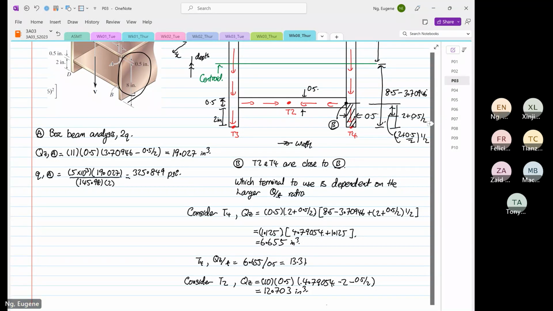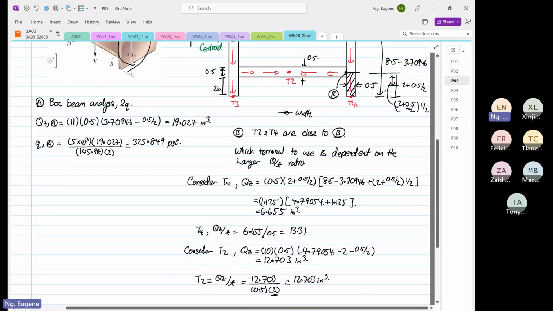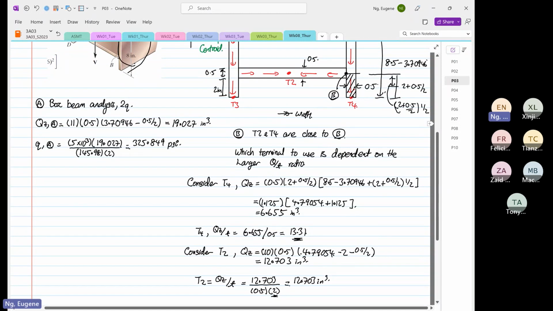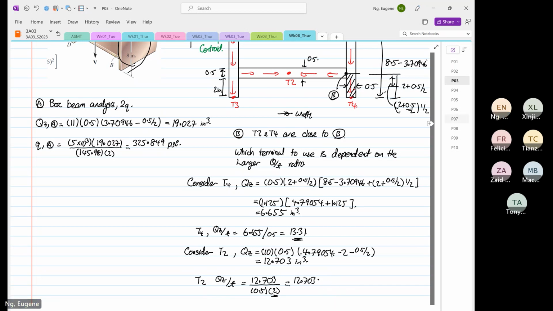You have to use T4 as a terminal. Sorry, this is not inches cubed; this is in fact inches squared, or it's just a QZ over T ratio. So you have to use terminal number 4. It is the greater value, yes or no?